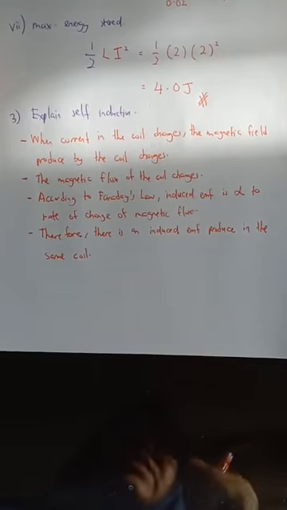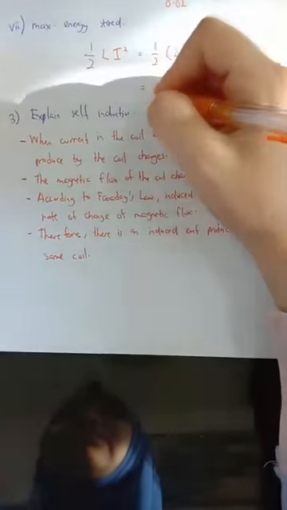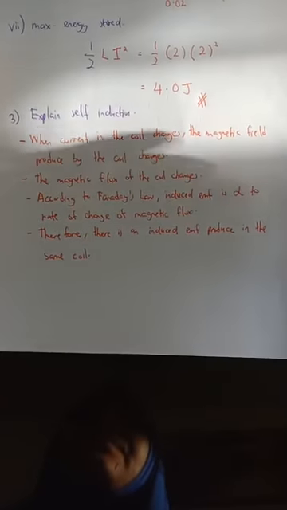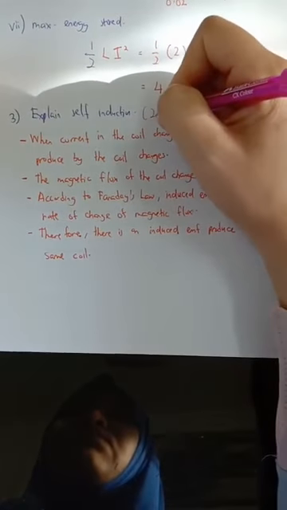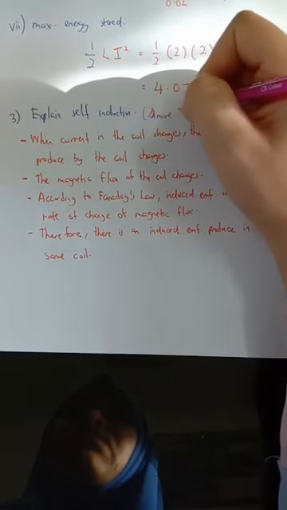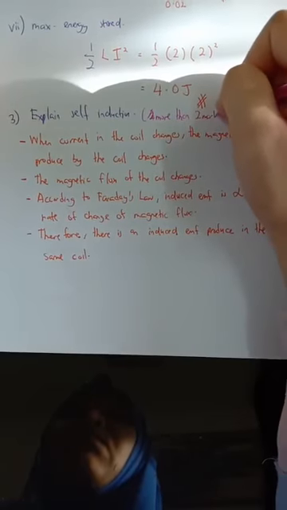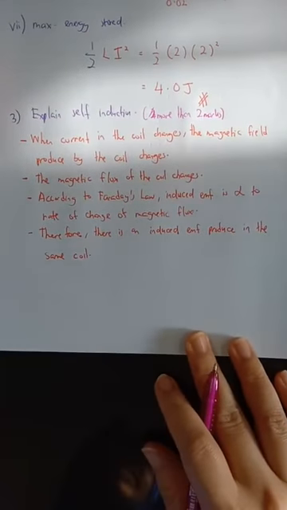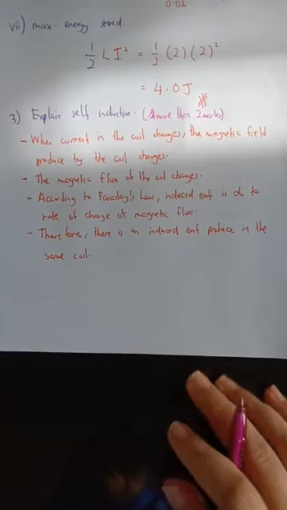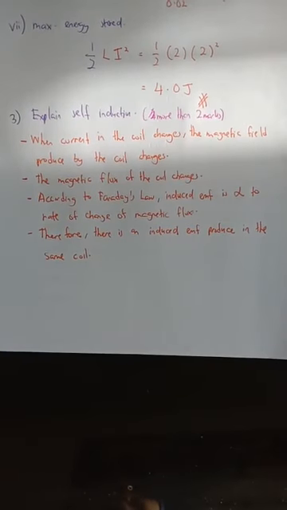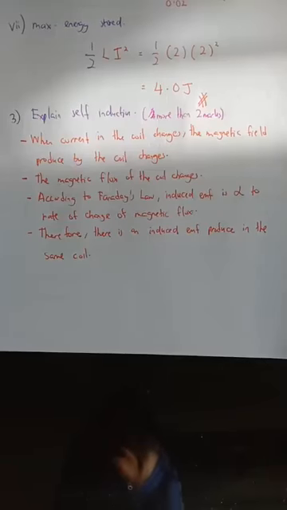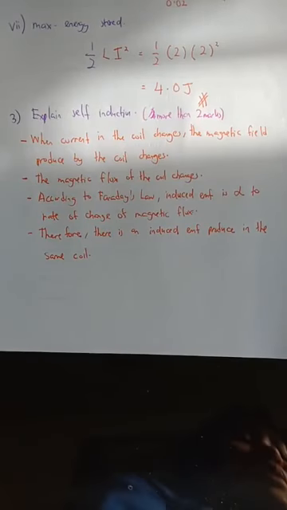So for explain self-induction, more than 2 marks, this is how you explain it. When current in the coil changes, the magnetic field produced by the coil changes. The magnetic flux of the coil changes. According to Faraday's law, induced EMF is directly proportional to the rate of change of magnetic flux. Therefore, there is an induced EMF produced in the same coil.